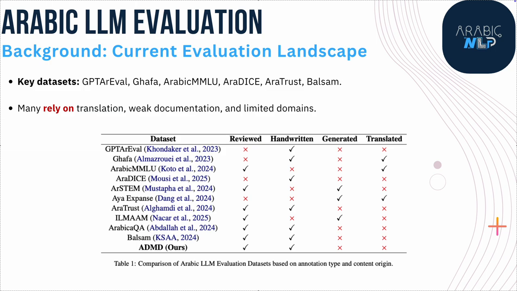What we have found actually is that many datasets rely heavily on translated content. Few are written originally by Arabic experts, and also documentation is often missing or inconsistent. And the main issue is that cultural adaptation is almost non-existent. So in short, most benchmarks measure accuracy but not understanding.